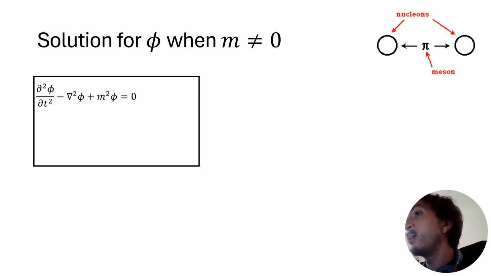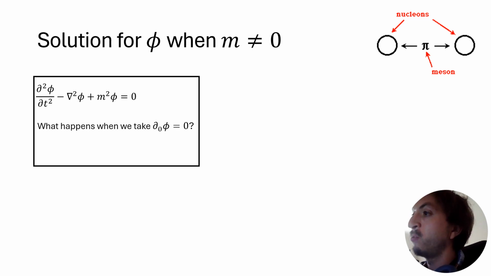So one thing we can do is consider a field which is time independent. So we set the partial derivative of the field with respect to time equal to 0. In other words, the zeroth component of our full gradient acting on our field is equal to 0. Well, when this happens, the first term in our Klein Gordon equation goes away and leaves us with an equation that relates a field which now will just depend on spatial coordinates.